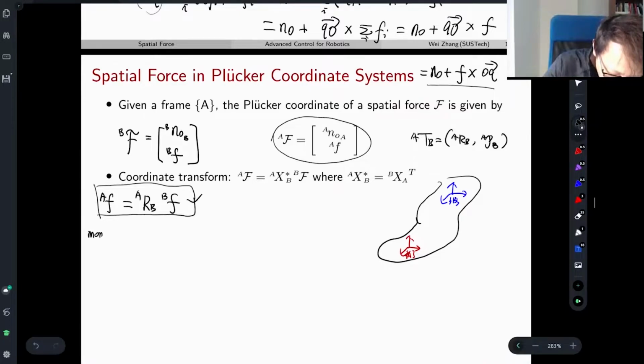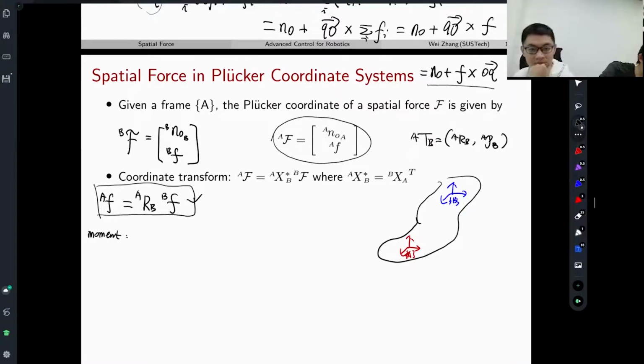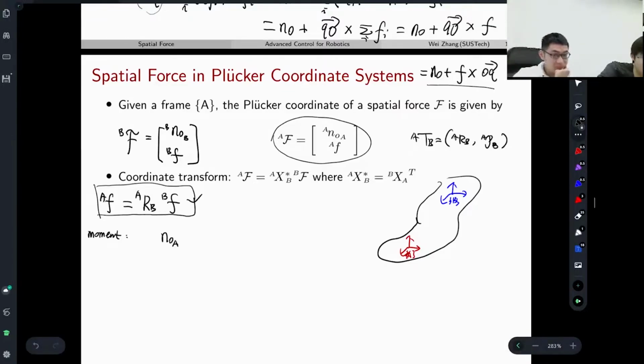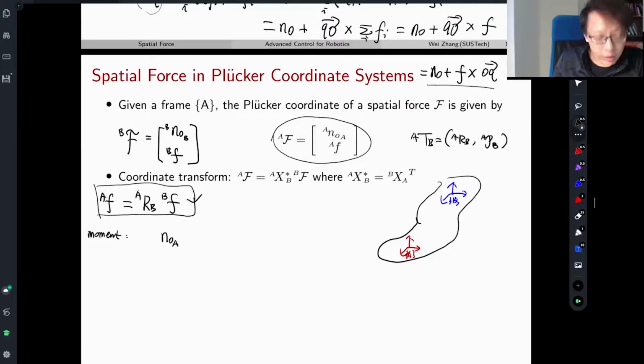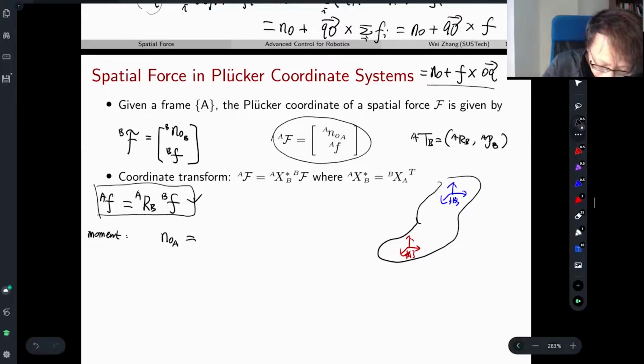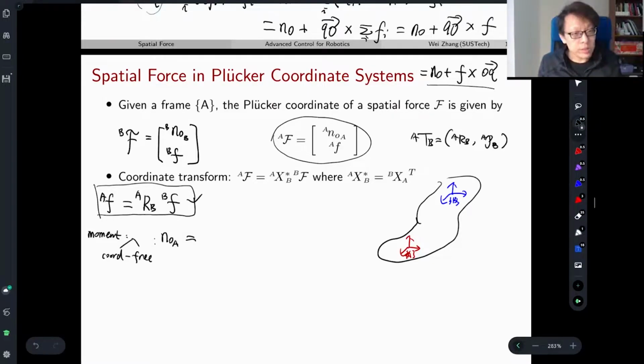Now I need to worry about the moment. Let's say N_OA, that's my moment about the point A. Let's say this is coordinate free. I didn't say which frame, I just changed the reference point. It's a physical quantity.